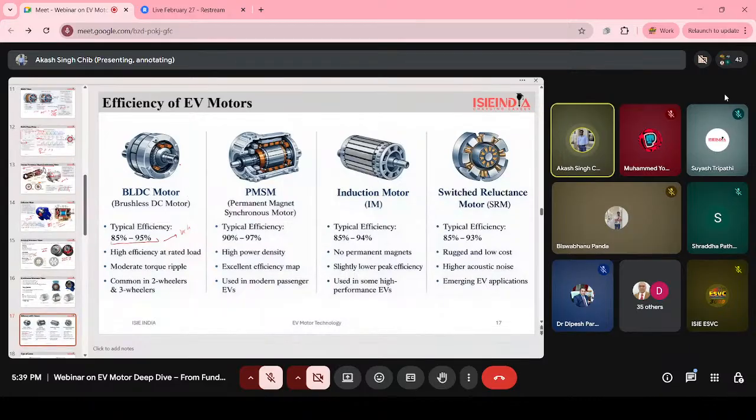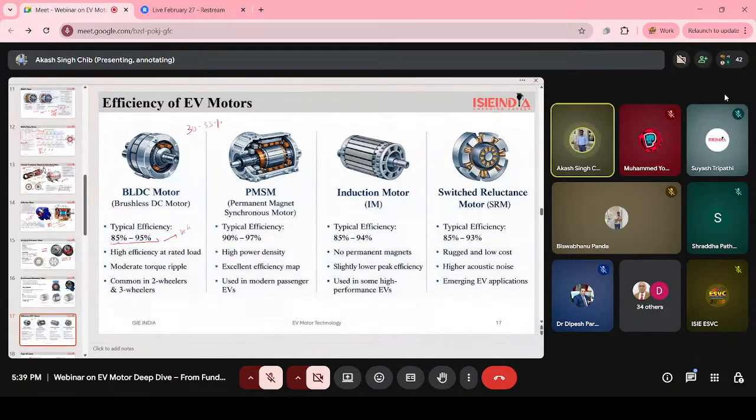But in the fuel vehicles, the engine only gives 30 to 35% efficiency, because it generates more heat. But here we have a very simple design, not a complex one like the engines. That's why it is providing more efficiency.